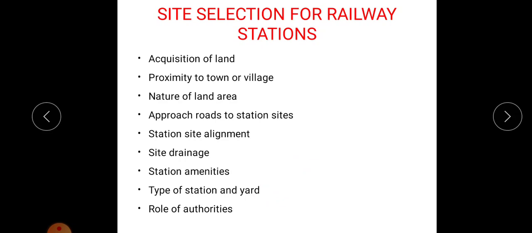And the last factor for selecting the railway station site is role of authorities. Before the final selection of the site is made, we have to consult civil or military authorities. Before we fix our land for a railway station site, we have to consult civil and military authorities.